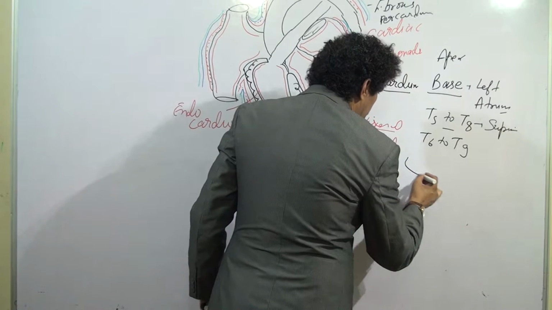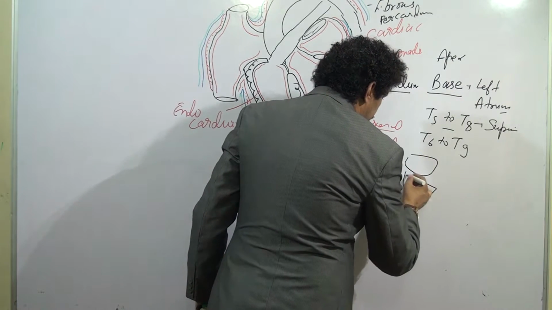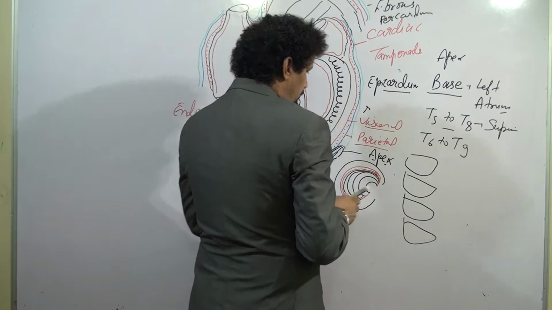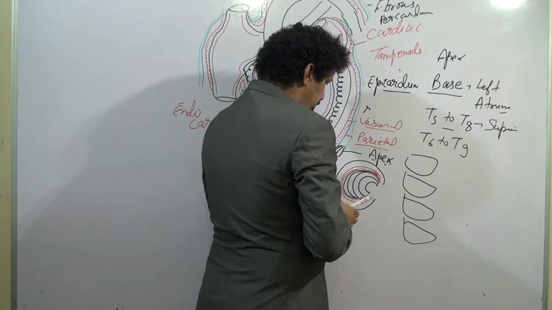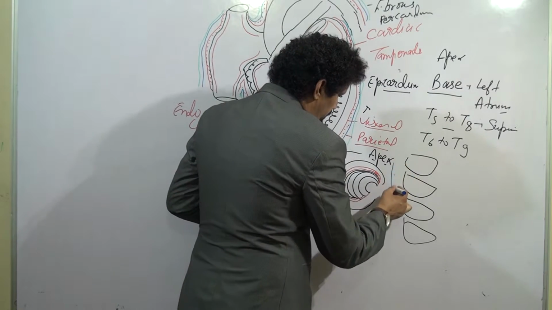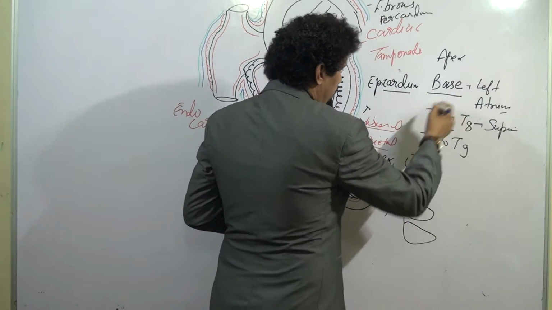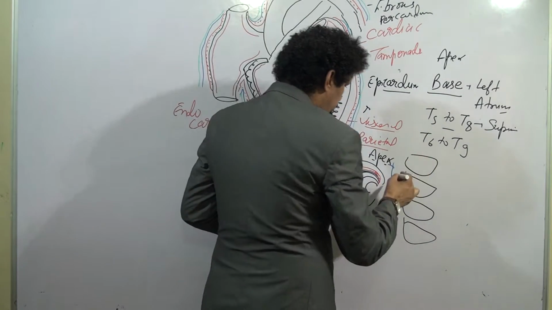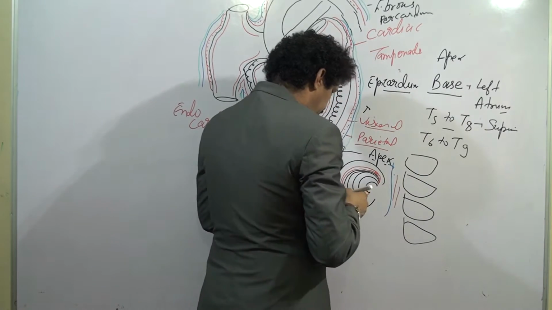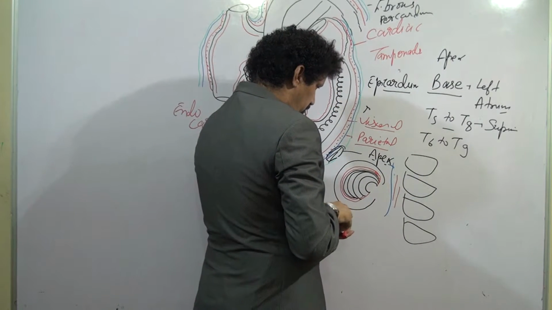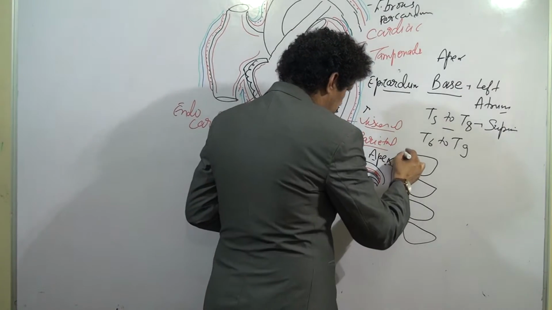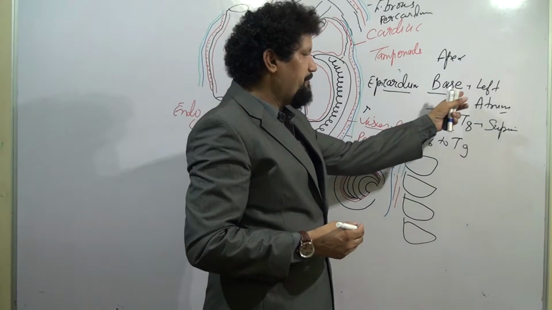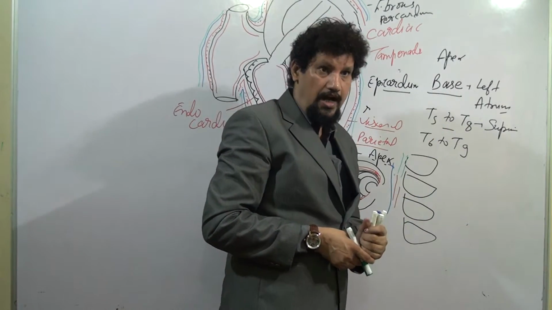So, these are the vertebrae, and here is the base of the heart formed by the left atrium, and here is the aorta and the esophagus, which are separated from the left atrium by the oblique sinus of the heart.